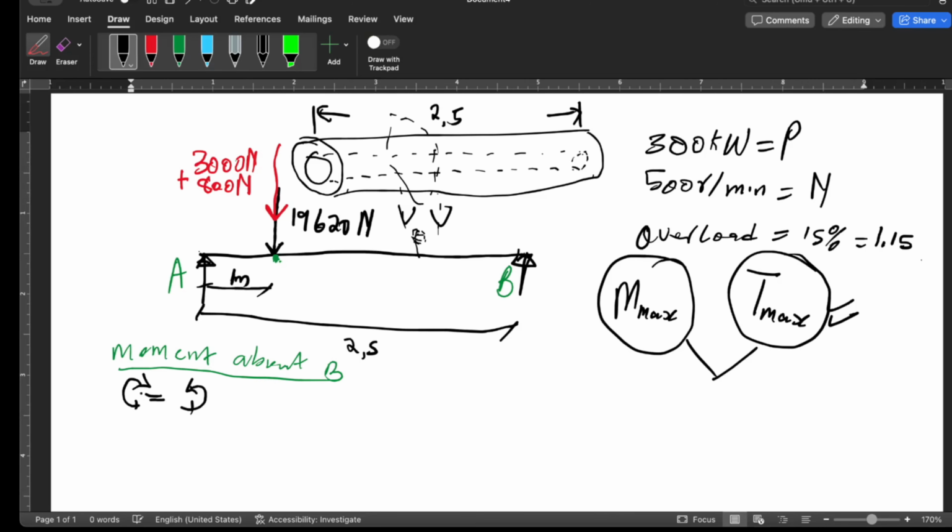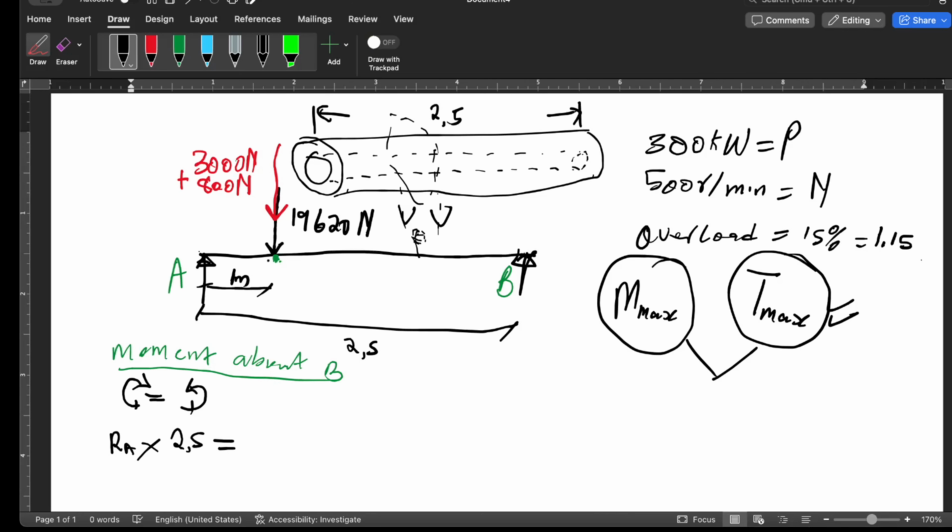So what are the clockwise moments when we take moment about B? Reaction at A times 2.5. Do I have any other? No. Anti-clockwise? Can you add them?